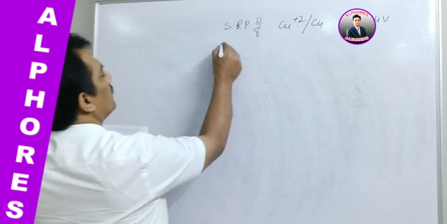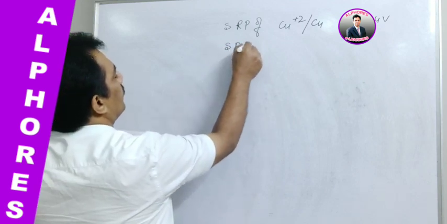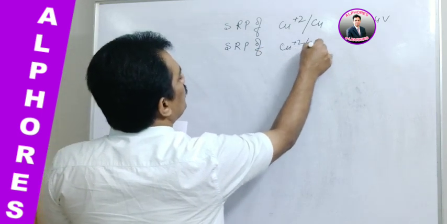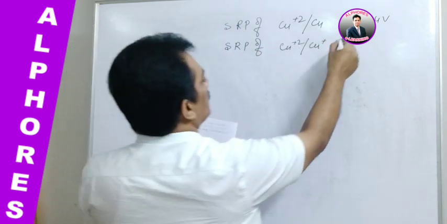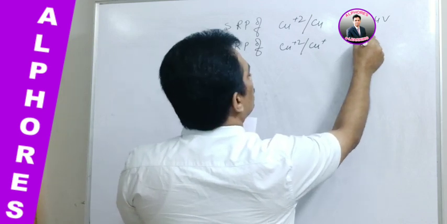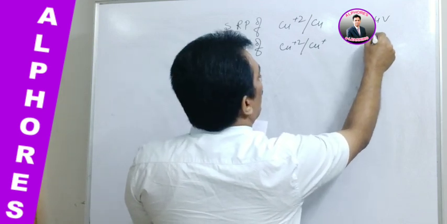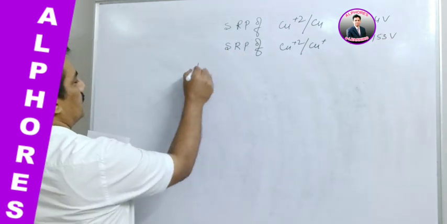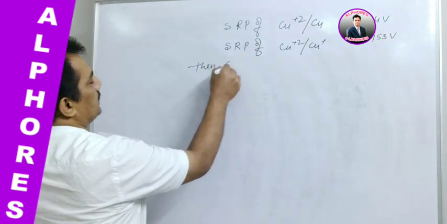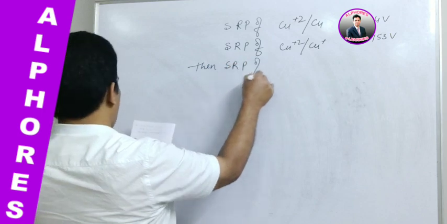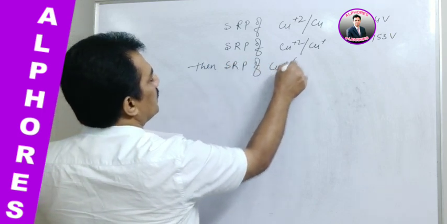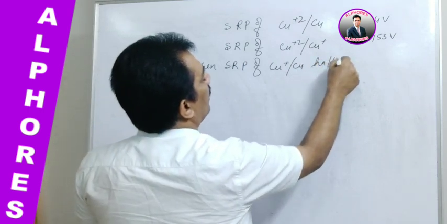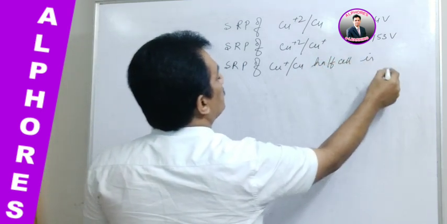And the other one is SRP of Cu+2 to Cu+, they provided, it is +0.153 volts. And now they ask for the SRP of the Cu+ to Cu half cell. This is the question.